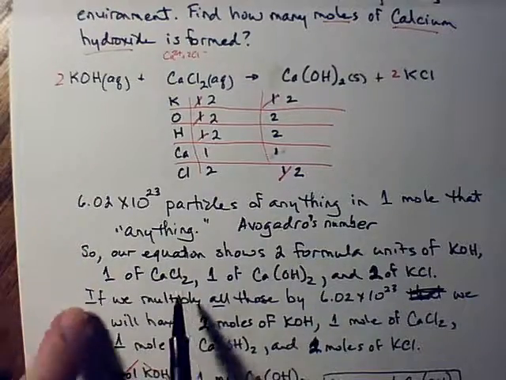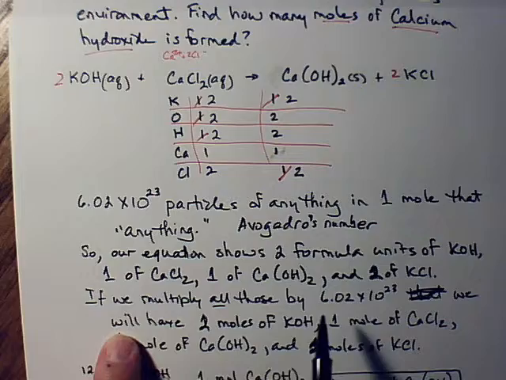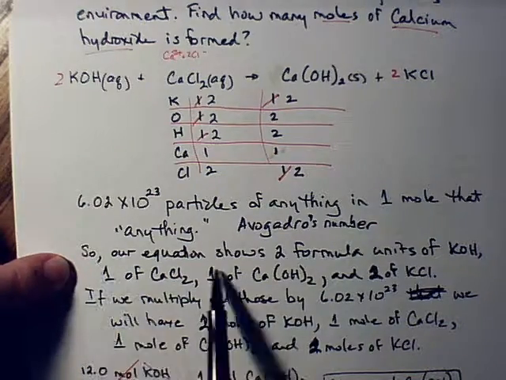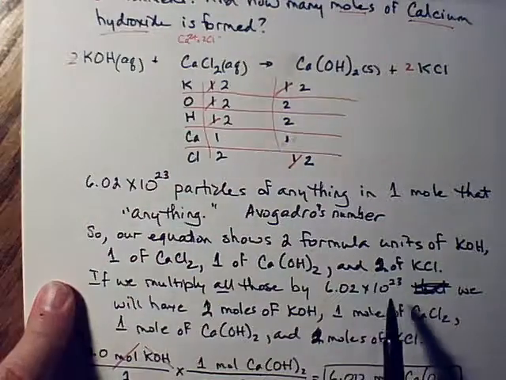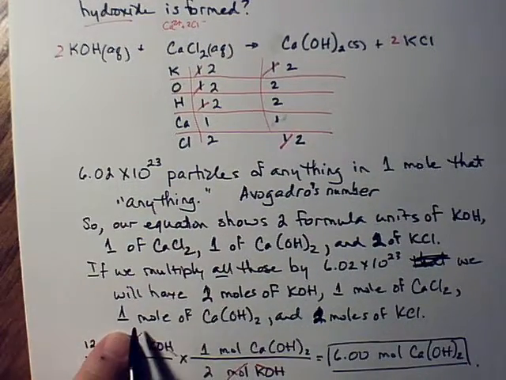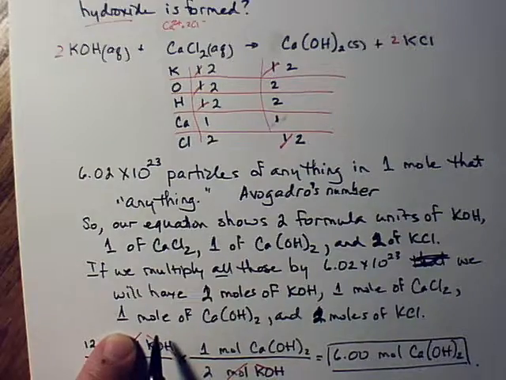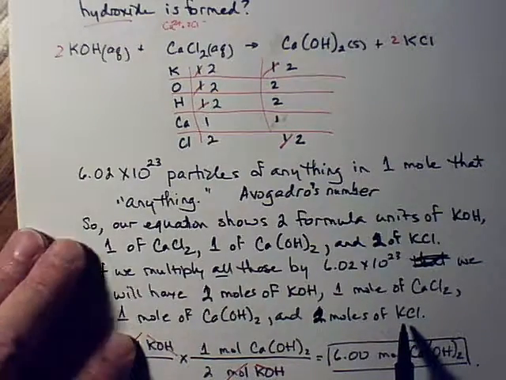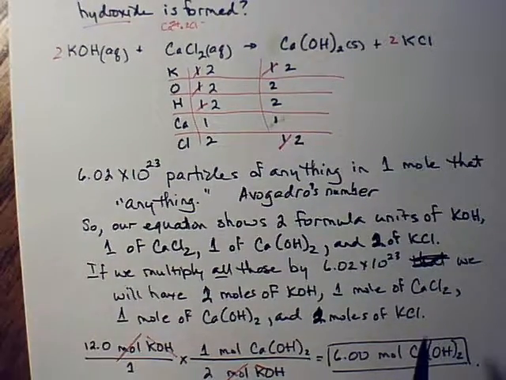That's Avogadro's number. So what we did down here was multiply all those coefficients, 2, 1, 1, 2, by Avogadro's number, and in doing so, we got 2 moles of KOH, a mole of calcium chloride, a mole of calcium hydroxide, and 2 moles of potassium chloride. That's how we got moles. We multiplied them by Avogadro's number.